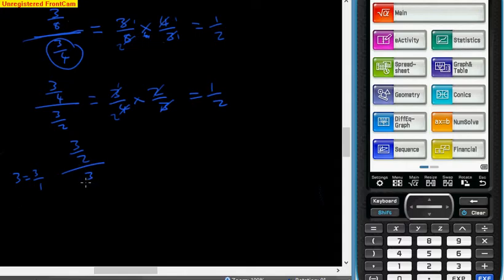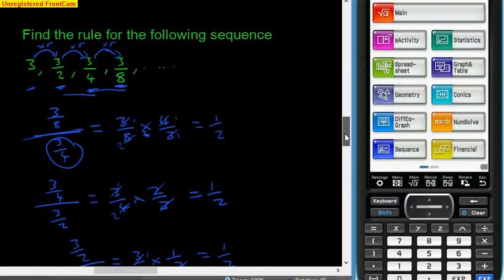So when you divide by 3, that's the same as dividing by 3 over 1, and because that's kind of awkward to know how to deal with, instead of dividing by that fraction, we multiply by its reciprocal, or the same thing upside down. The 3's cancel out once, and we end up with a half again. Okay, pretty happy that the common ratio is a half for this particular one.